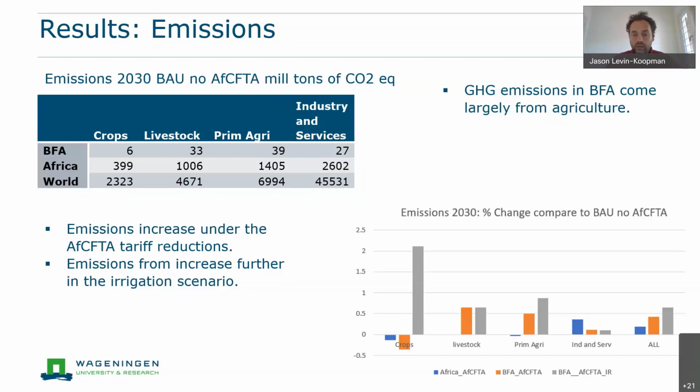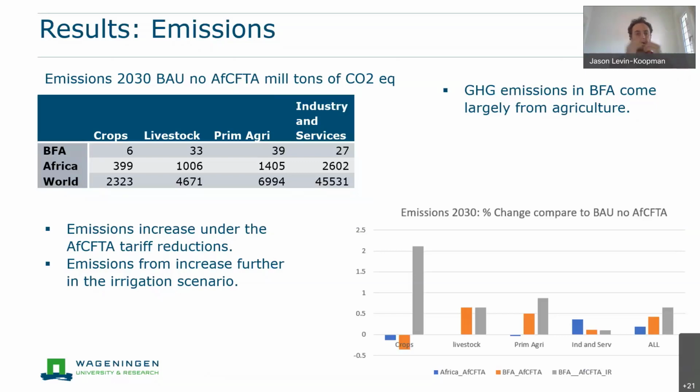So you see that the irrigation expansion has a significant increase in emissions from crops, whereas they decreased without this irrigation expansion, and this is because crop production also decreased in the scenario without irrigation expansion.